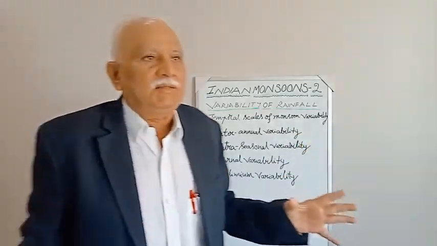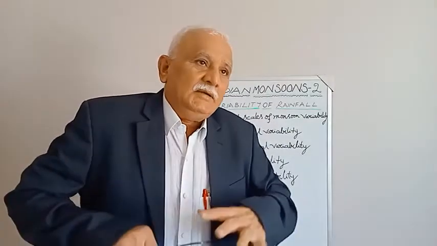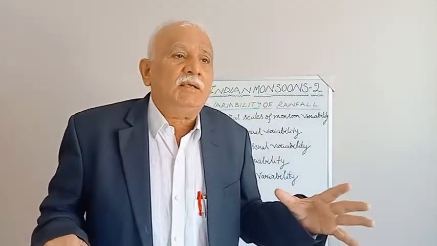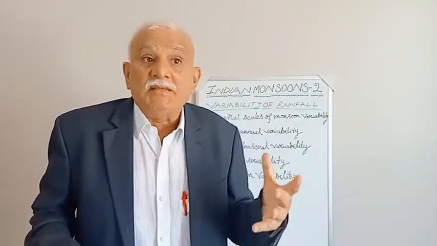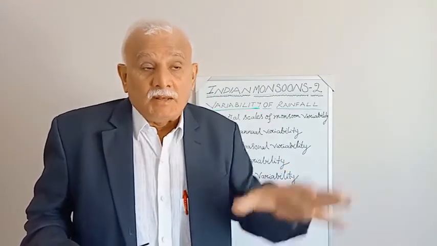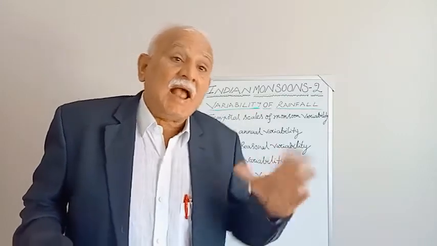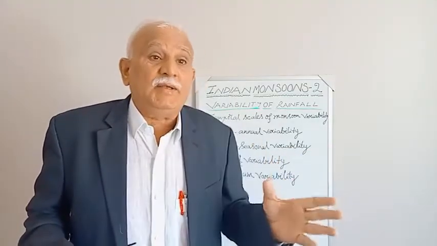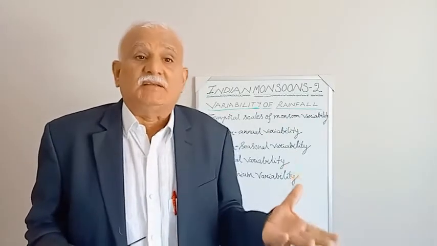In this class, variability is inevitable. Why is it inevitable? Because differential heating of land and oceans should be there. Interannually, that means between two years, insolation may be almost constant.